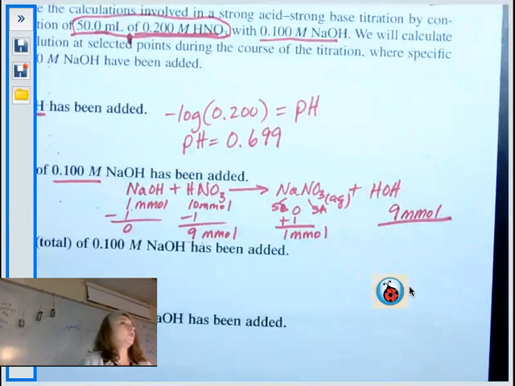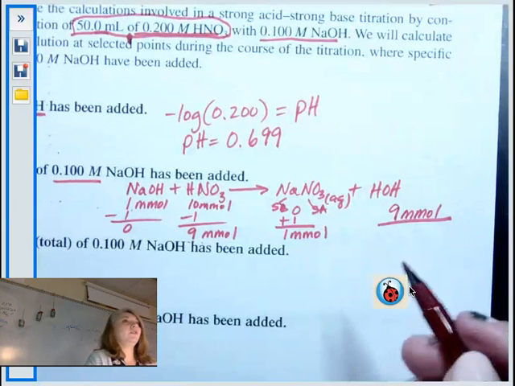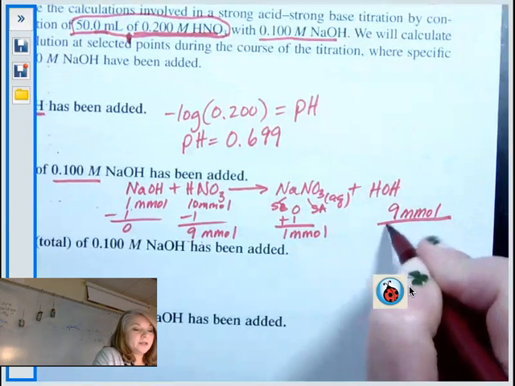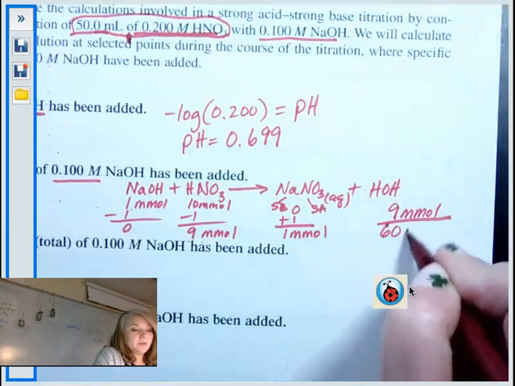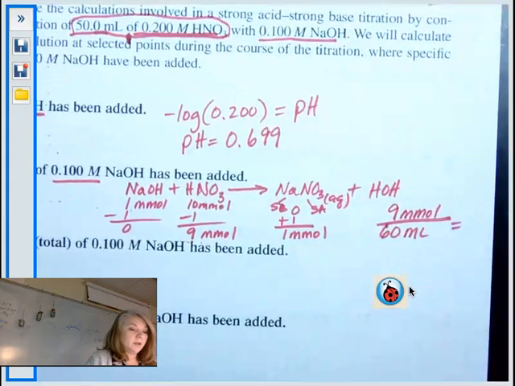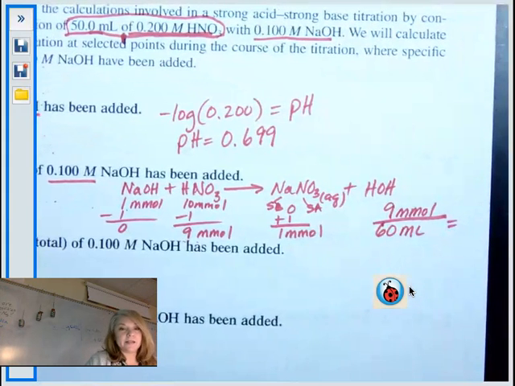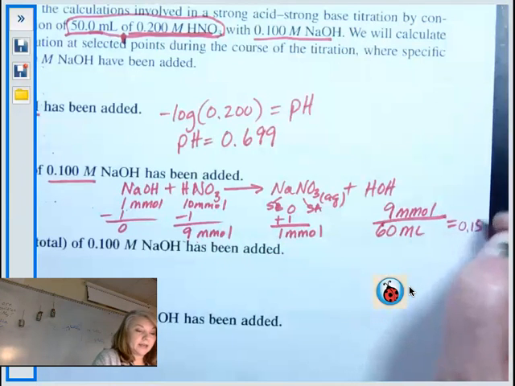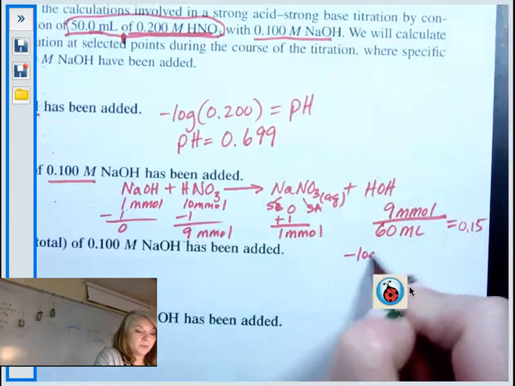How much volume do I have in the flask right now? 60 milliliters. That's right. 50 is original plus 10 sodium hydroxide added. So 60 milliliters. And 9 divided by 60 is 0.15. And then take the negative log of that to find your pH.